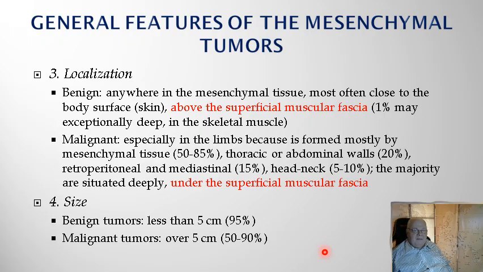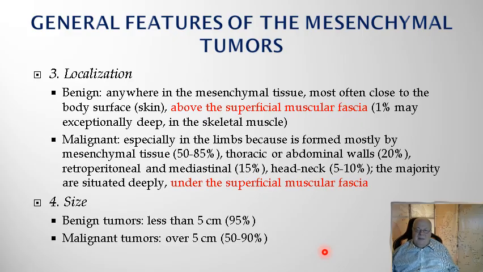So they are mostly located in the dermal, subepidermal layer of the body, not in the epidermal, because they are not epithelial. And the malignant ones are mostly located deeply, beneath the superficial muscular fascia.